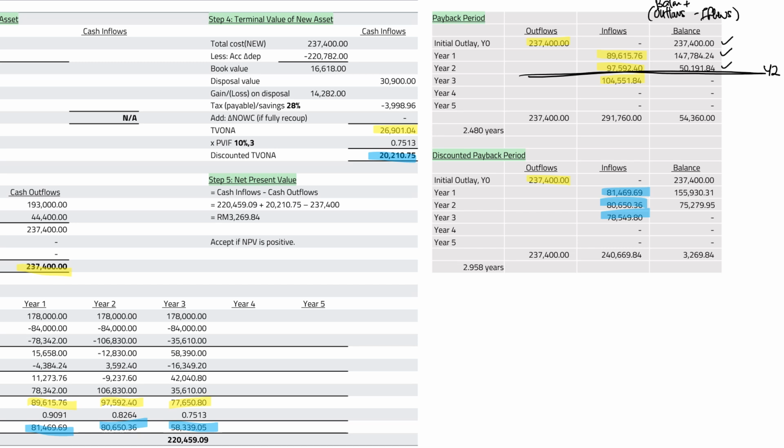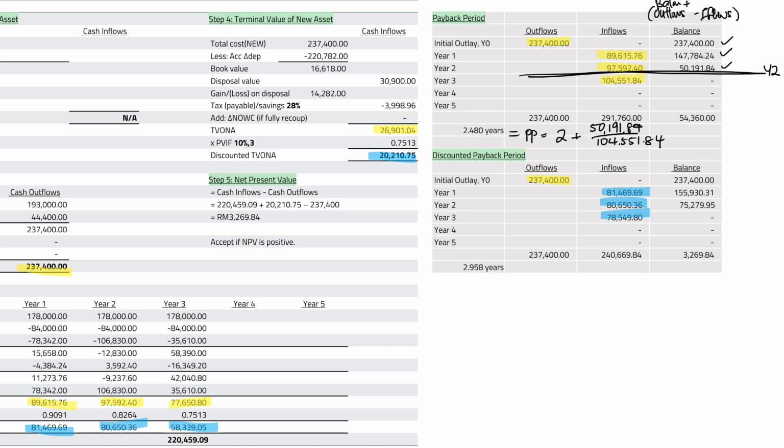How we calculate PP is basically 2 whole years plus the remaining amount, 50,191.84 divided by 104,551.84, and so you get 2.48 years before we can recoup our investment.